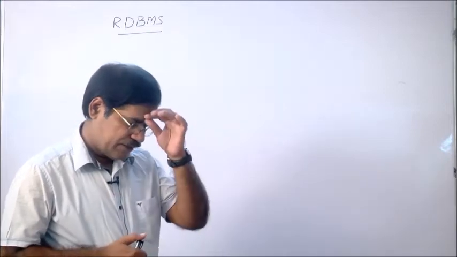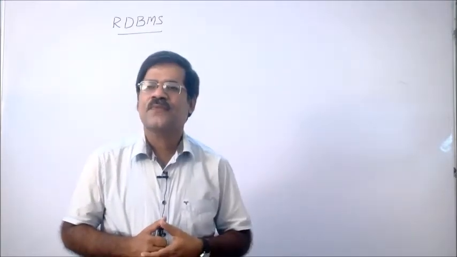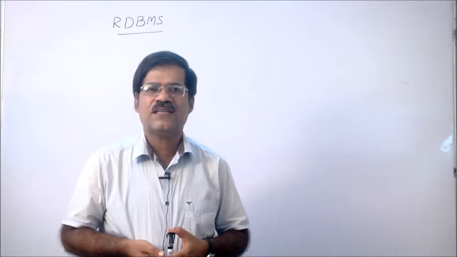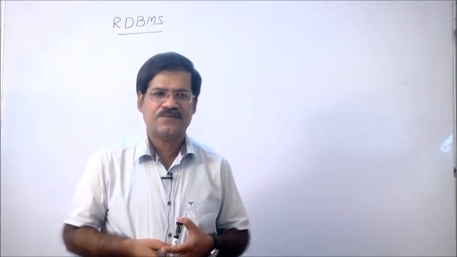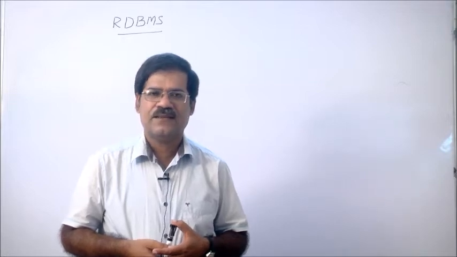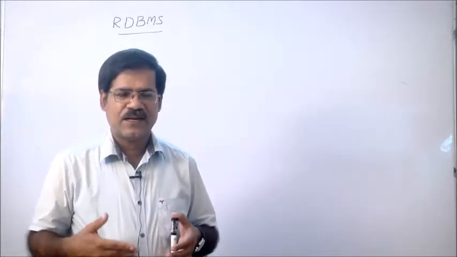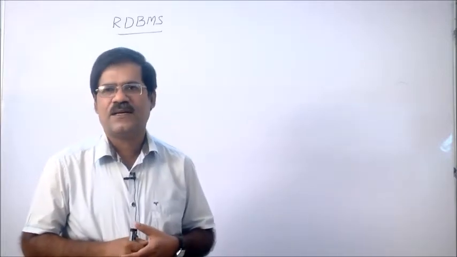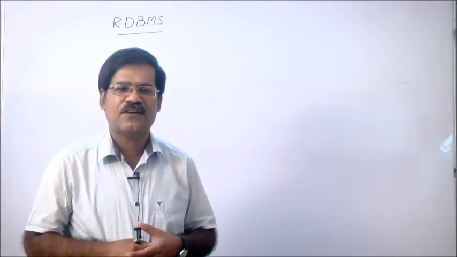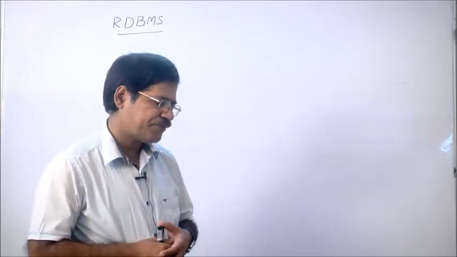Another concept already discussed is the three views of data, or three levels of data. How the data will be maintained internally, or you can say the total architecture, in three different levels, that is called the three views of data, or the three-level architecture of DBMS.